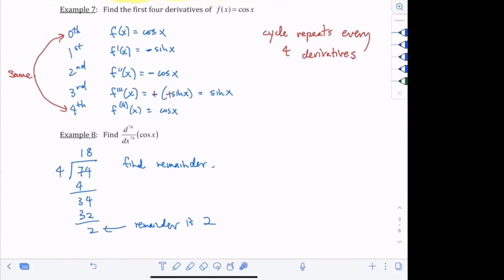So the reason why I wrote these numbers over here on the side is the remainder corresponds with which trig function we're going to have here. So since the remainder is 2, this means that the 74th derivative of cosine of x is going to be the same as the second derivative of cosine of x, which is equal to negative cosine of x.